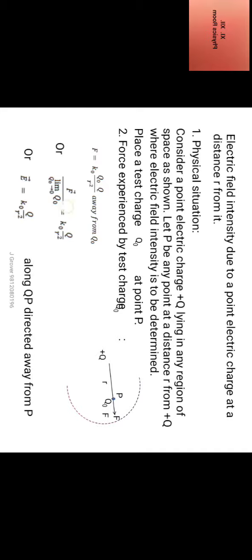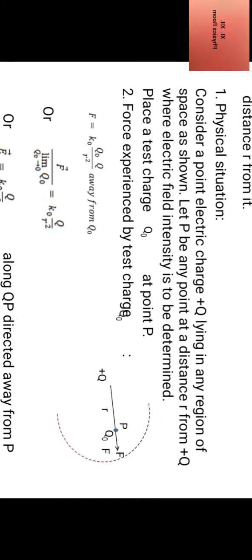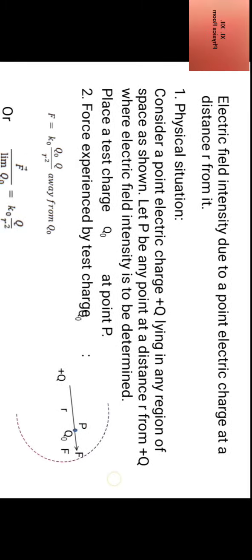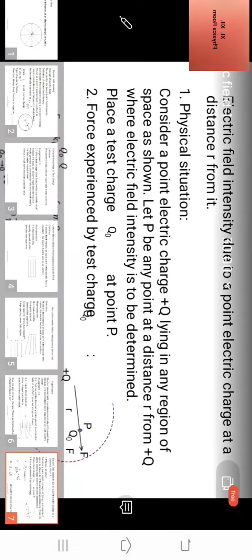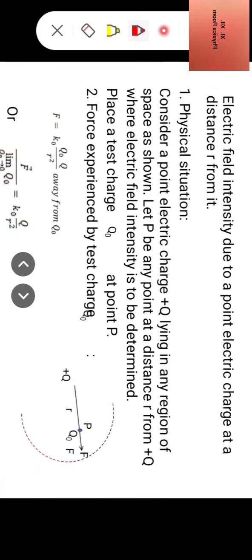Now we come to electric field intensity due to a point electric charge at a distance r from it. First we develop the physical situation. Consider a point electric charge plus q lying in any region of space as shown. Let P be any point at a distance r from plus q where electric field intensity is to be determined.